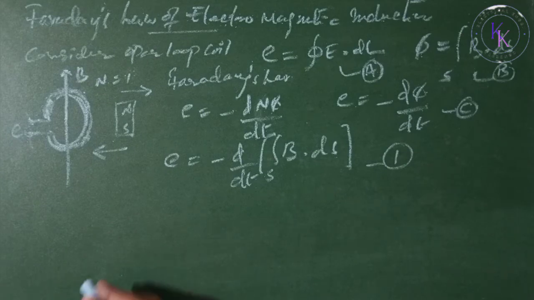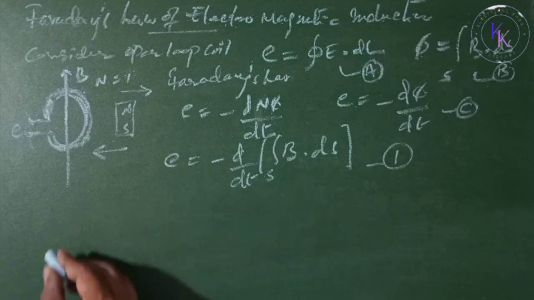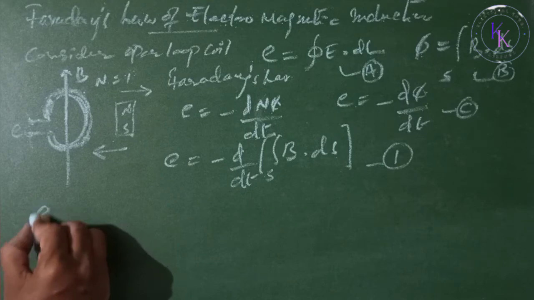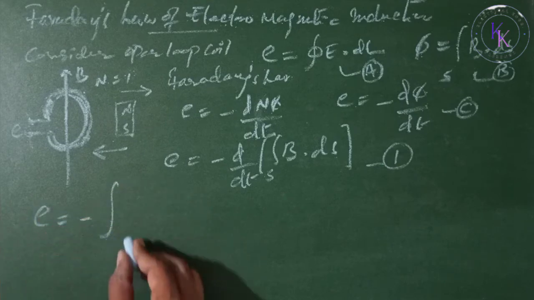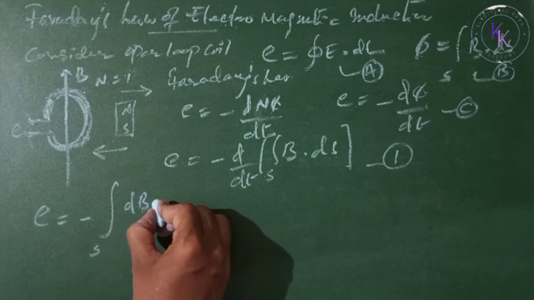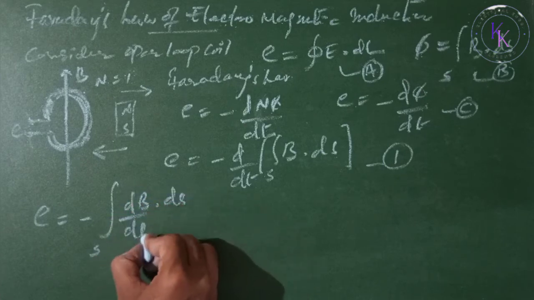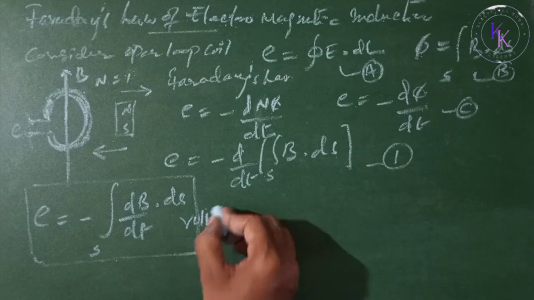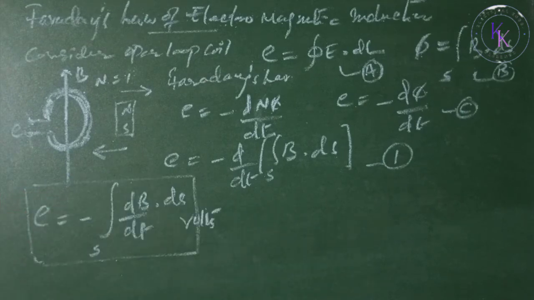If the coil is stationary, then equation number 1 modifies to E equals minus the surface integral of dB by dt dot ds volts. This equation is known as the transformer induction equation.